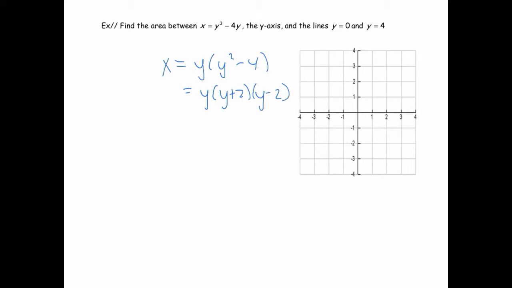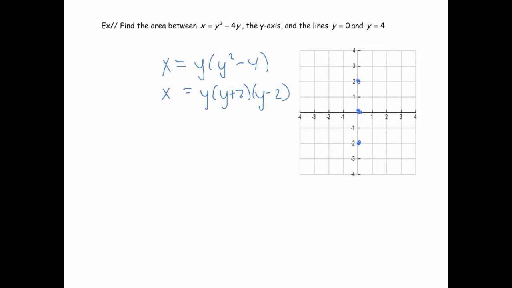And then we see that it can be confusing for some people when you're graphing these things, but these are obviously y-intercepts. So there's a y-intercept at 0, at 2, and at negative 2. We also see that it's a cubic function, so it should have that wavy graph, but the question is the direction it's going in.